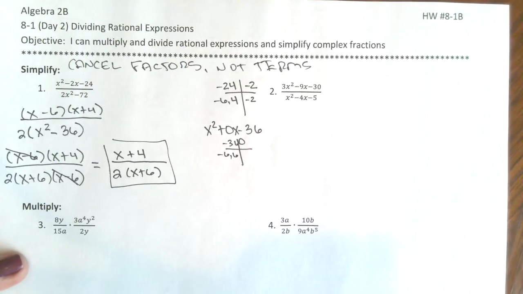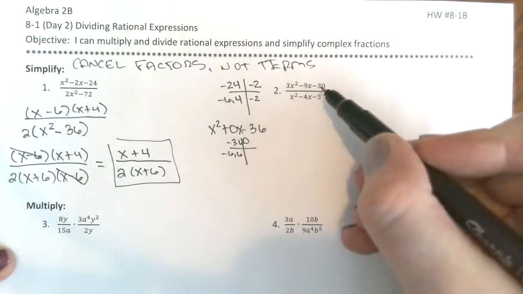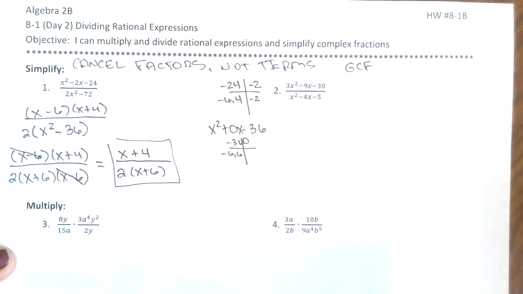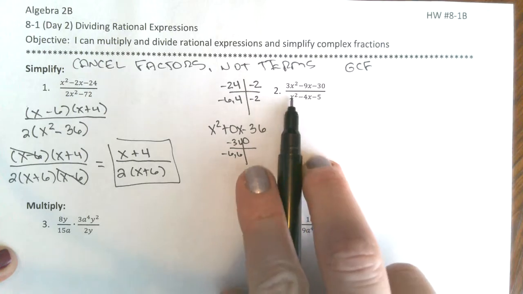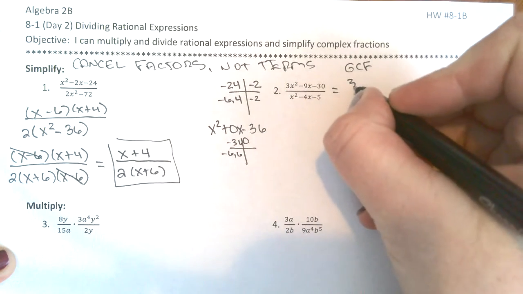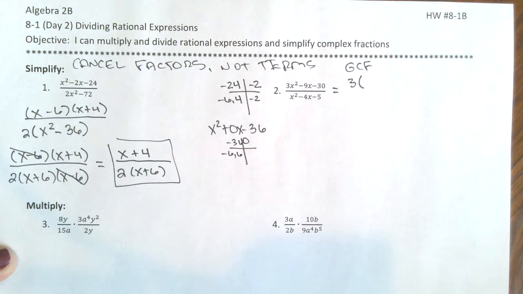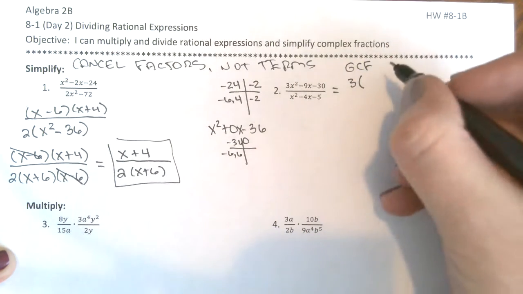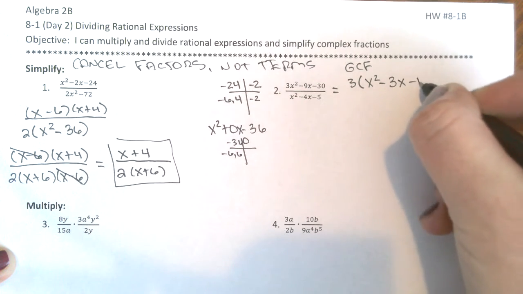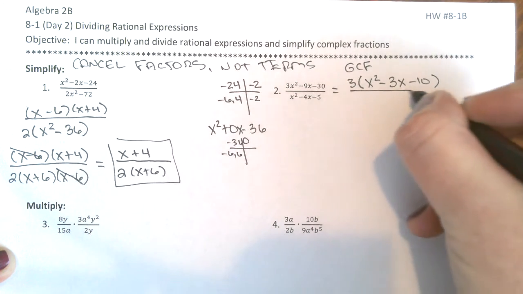Number 2. So the numerator. You always need to think GCF first. Is there a GCF that you can factor out? Yeah. In the numerator, you need to divide or factor a 3 out of that. And when you do, you get an x squared minus 3x minus 10.